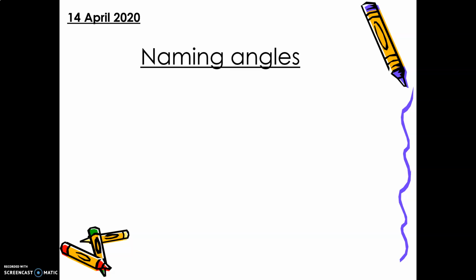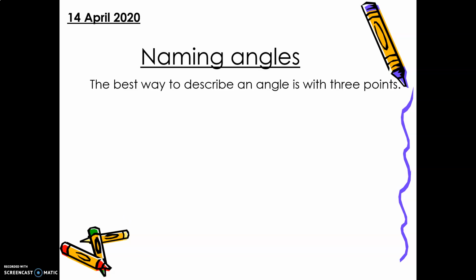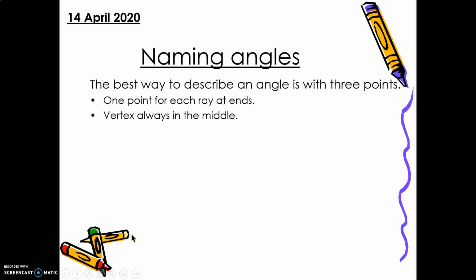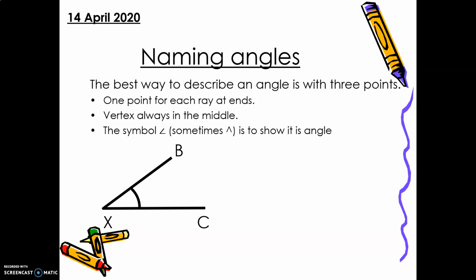So naming angles is really important, and the convention is to name the angle with 3 points. So 1 point for each ray at its ends, and the vertex is in the middle. Sometimes we use a symbol to show it's an angle. So here we've got an angle.